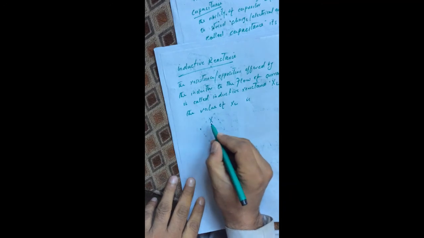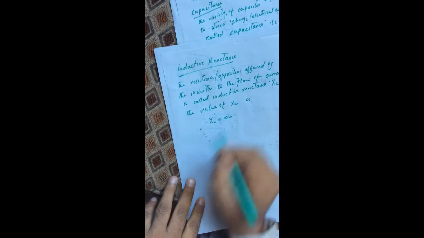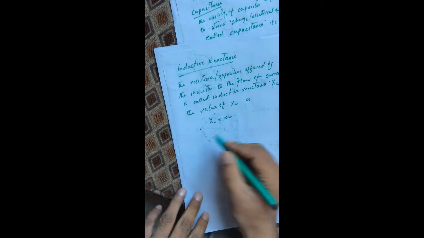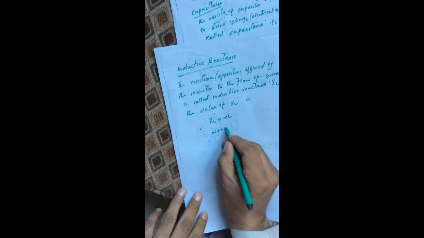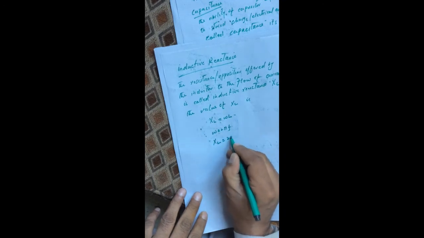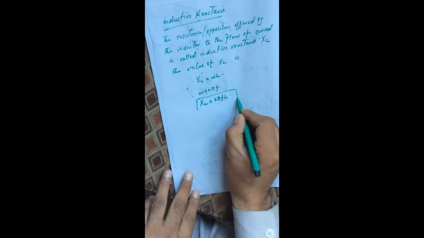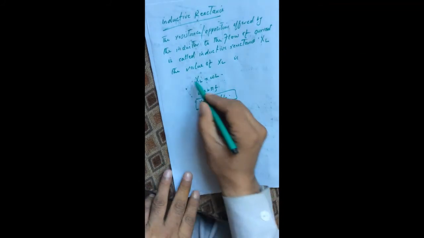So the inductive reactance XL is equal to omega L, but we know that omega is equal to 2 pi f, so XL will be equal to 2 pi f L. This is the formula in terms of frequency, and the earlier one is in terms of angular frequency.